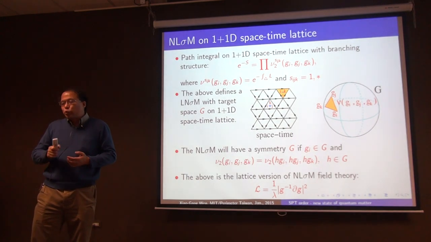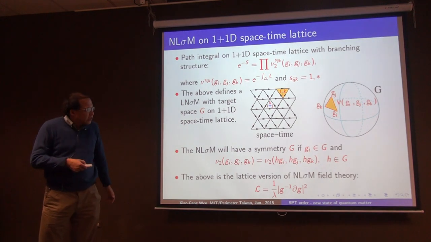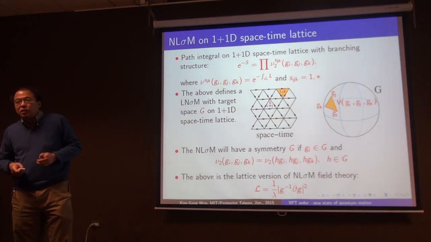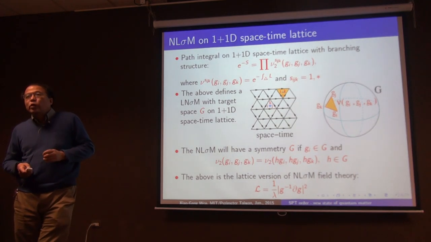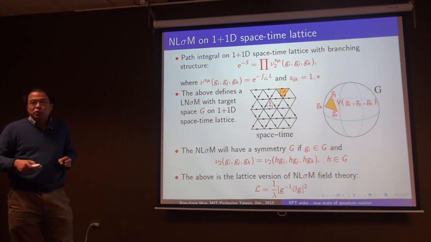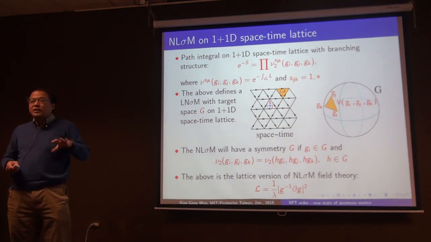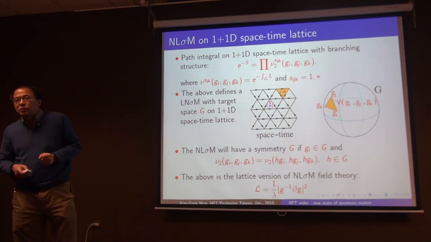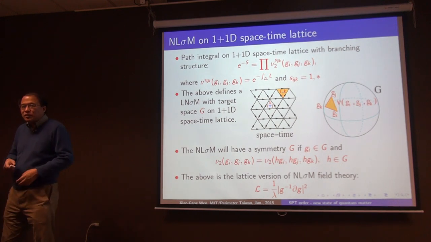And maybe since you raised this question, I want to say that the symmetry we consider here is an internal symmetry. We do not have a space-time point group symmetry. When you want to implement a point group symmetry, then the choice of the triangulation should have more constraints. Like if you want to study a 90-degree rotation symmetry, maybe choosing the square will be more reasonable. But here we don't do that, so we can do this. This makes things simpler.